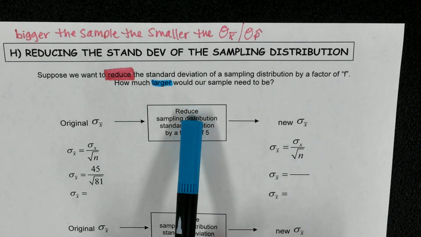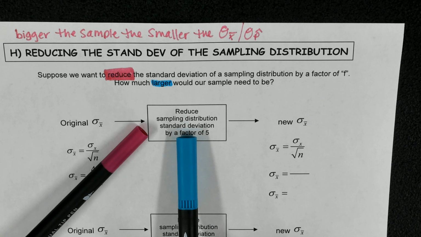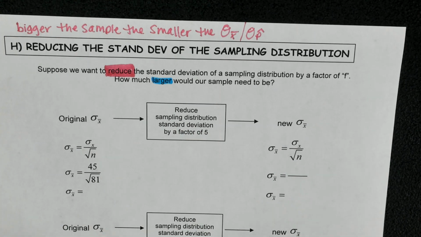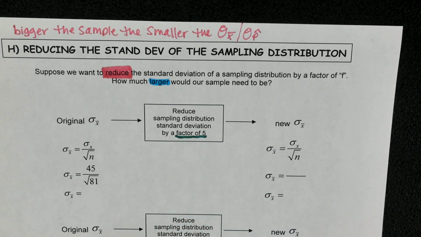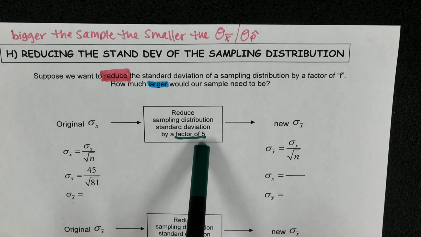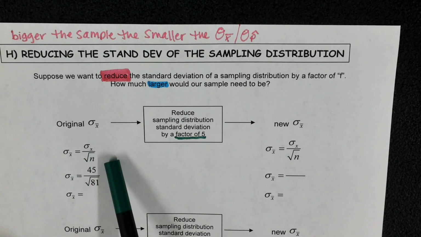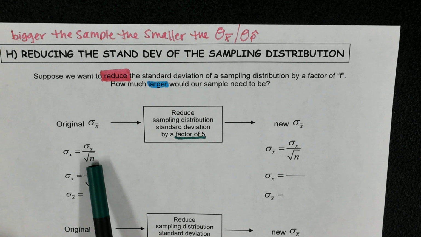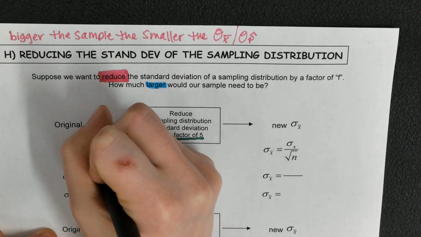So here's an example. It says we want to reduce the sampling distribution standard deviation by a factor of 5. Let's check this out. If I want to reduce something by a factor of 5, I would probably want to divide by 5. But let's first find the standard deviation over here. We have the population standard deviation divided by the square root of n, and we'll label these just for funsies.